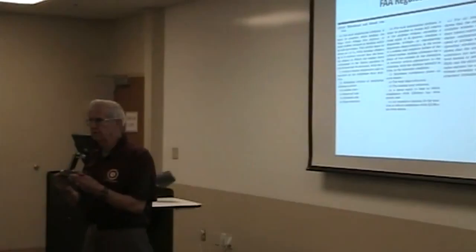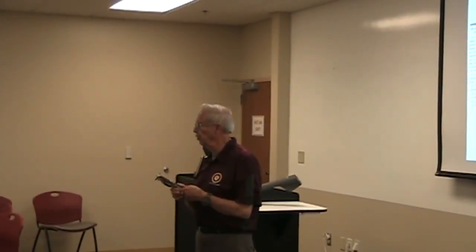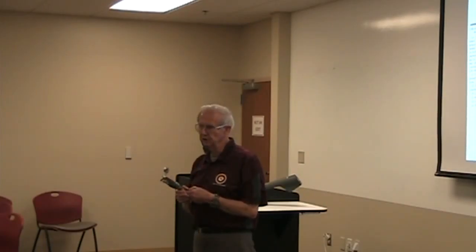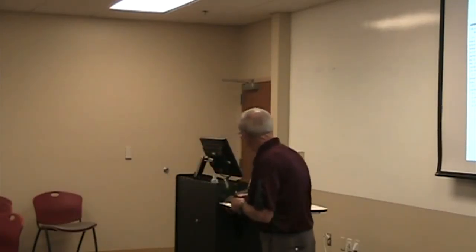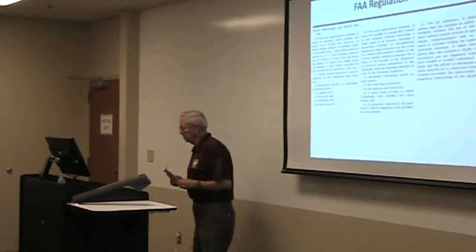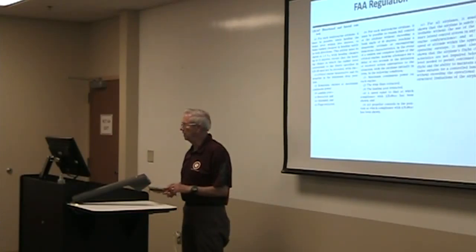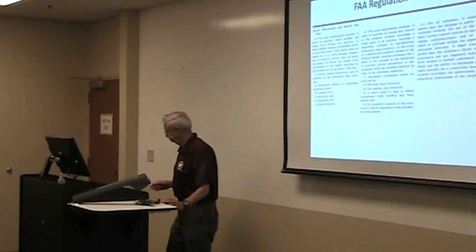You have to be able to control the airplane down to a speed of at least 1.2 times the stalling speed in the configuration. For small airplanes, large airplanes, transport airplanes, they have several different minimum control speeds that you have to be able to meet.